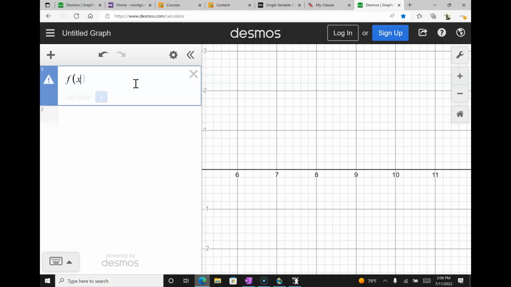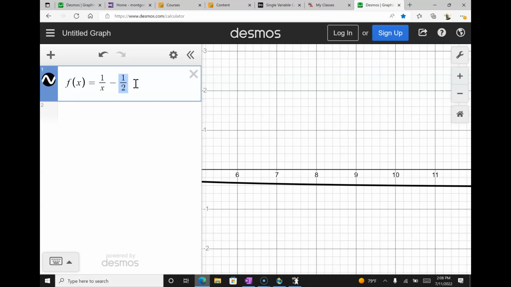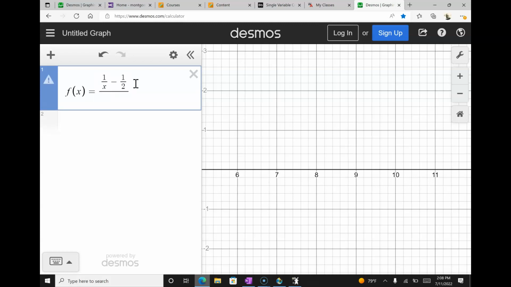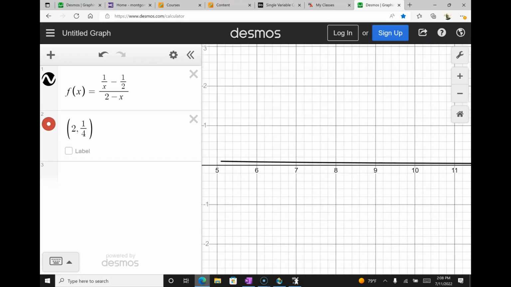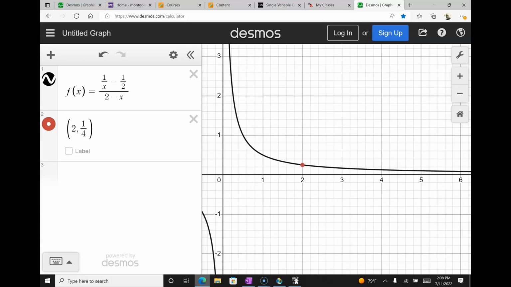F of x equals what? 1 divided by x minus 1 divided by 2, all of that divided by 2 minus x. And then I can plot the point 2 comma 1/4, was it? There it is.